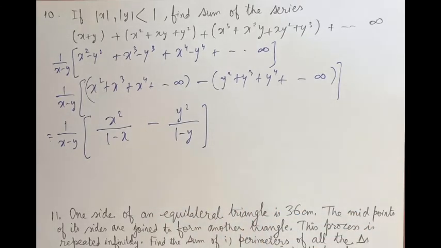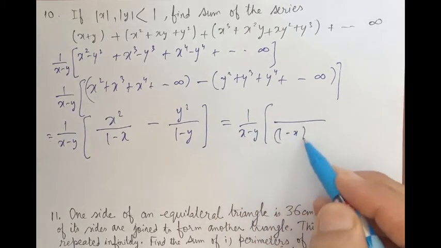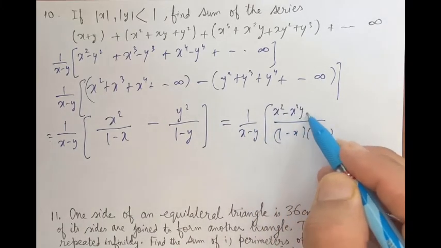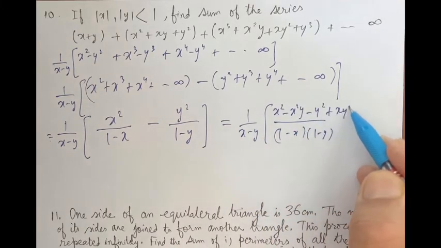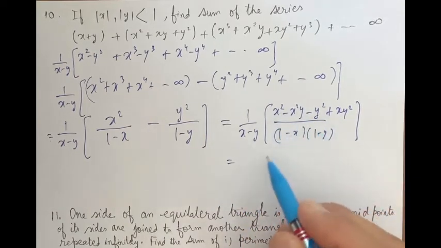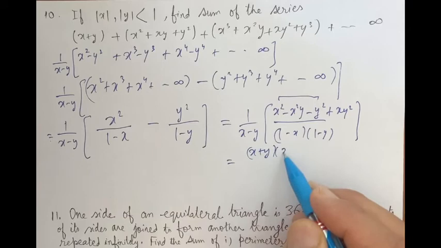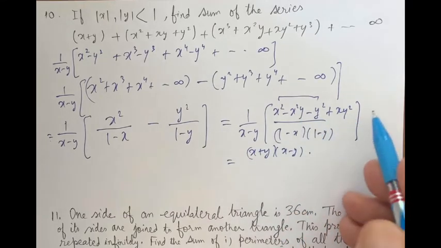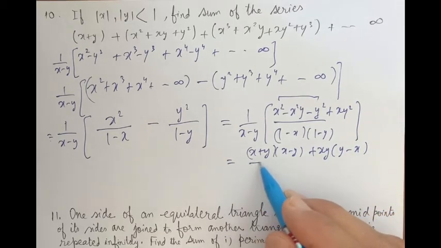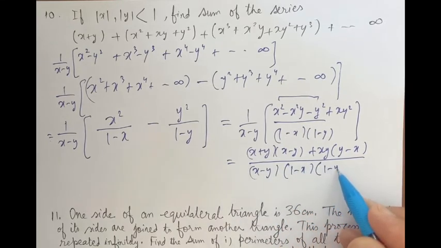So we can leave the answer here, or we can simplify. This is 1 upon x minus y, and 1 minus x, 1 minus y will be the LCM: x square minus x square y minus y square plus x y square. We can factorize this. x square minus y square is x plus y into x minus y, and from the other two we take xy common, it's y minus x, and upon we have x minus y into 1 minus x into 1 minus y.